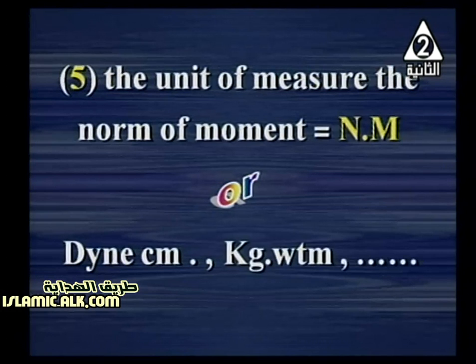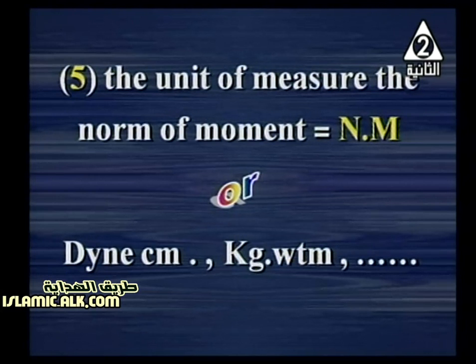You remember there is a relation between Newton and dyne. Kilogram weight meter. We have more units to measure the norm of the moment: Newton meter, dyne centimeter, kilogram weight meter.